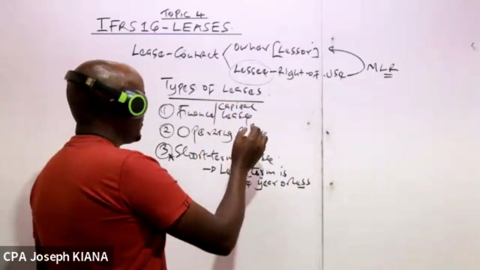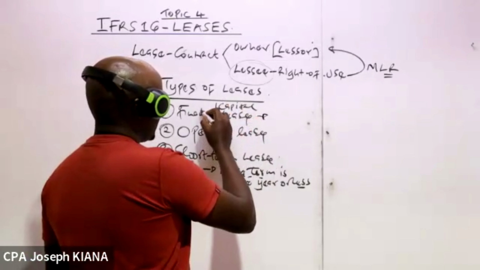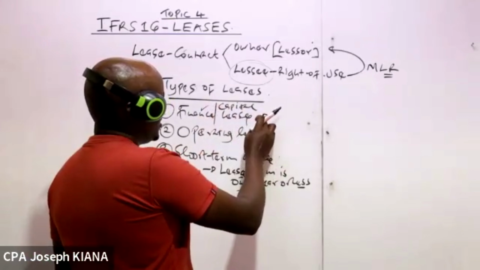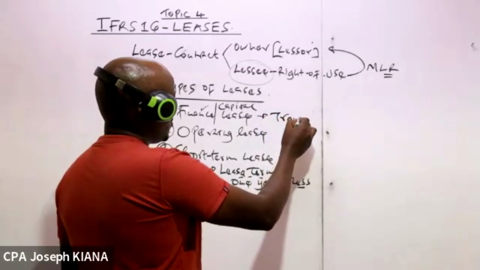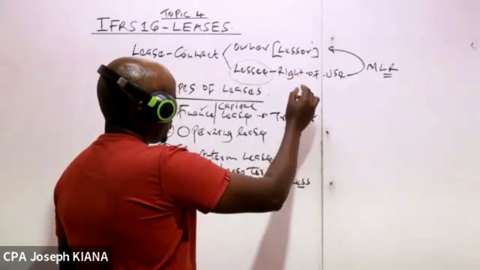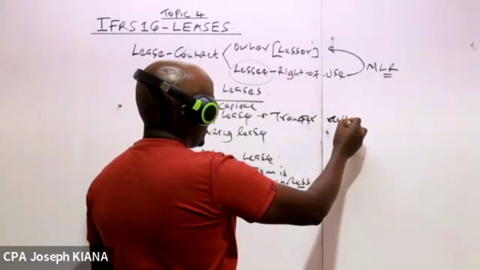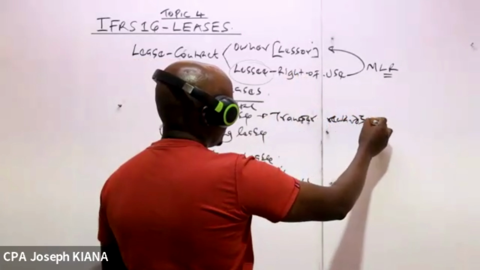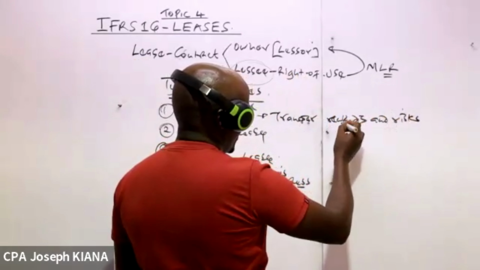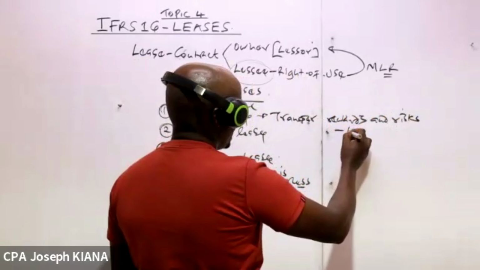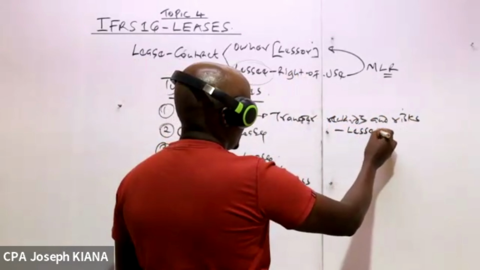Then from there we have the other type of the lease here, that is a finance lease. And this we say is that particular lease where the owner of the asset, that is the lessor, will transfer all the rewards and risks associated with the asset to the lessee.